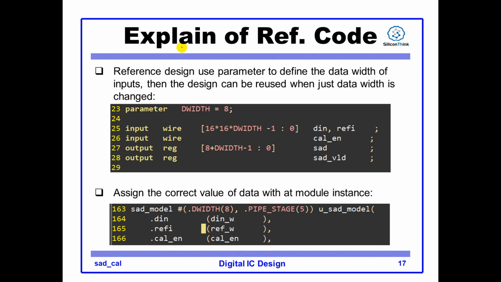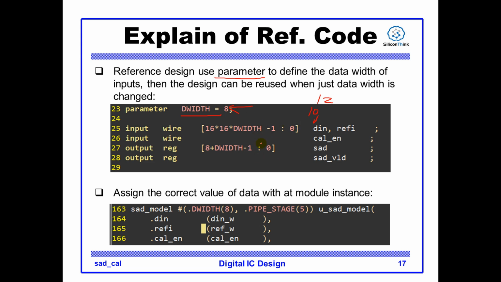There is some explanation for the reference code. If you read the reference code, I use a parameter to define the data width of the input array. This enables code reuse when just the data width changes for other applications. For example, if we want to do SAT calculation for inputs of 10 bits or 12 bits, we just need to change the parameter.